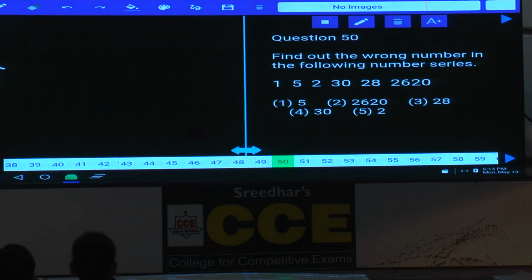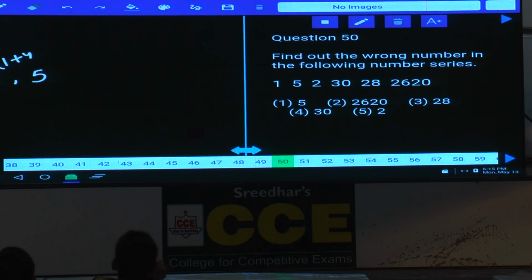Now 1 into how much? 1 into 1 plus 4 is 5. Next one, 2, 5 and 5 and 2, how can I express this one? 5 into 2 is 10. 10 minus 8 is 2. That is 1 into 2 plus 4 minus 8.